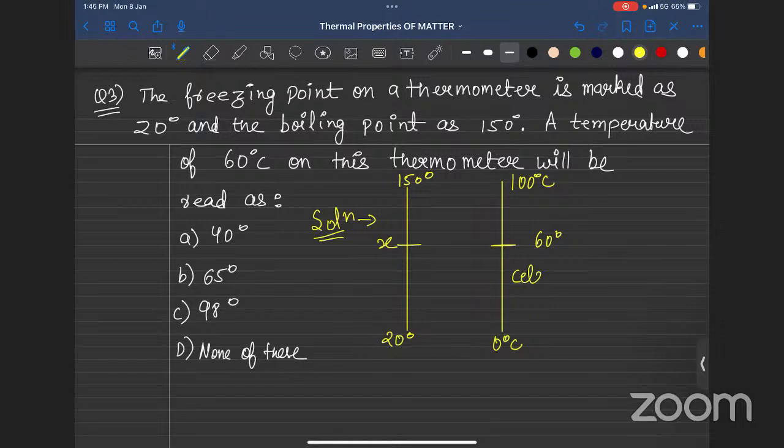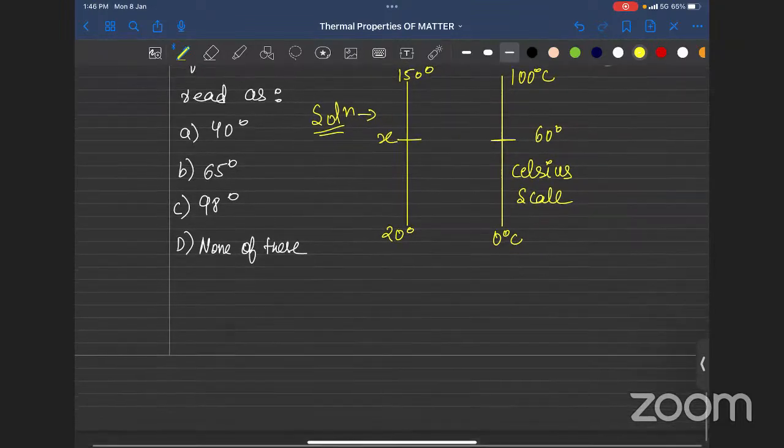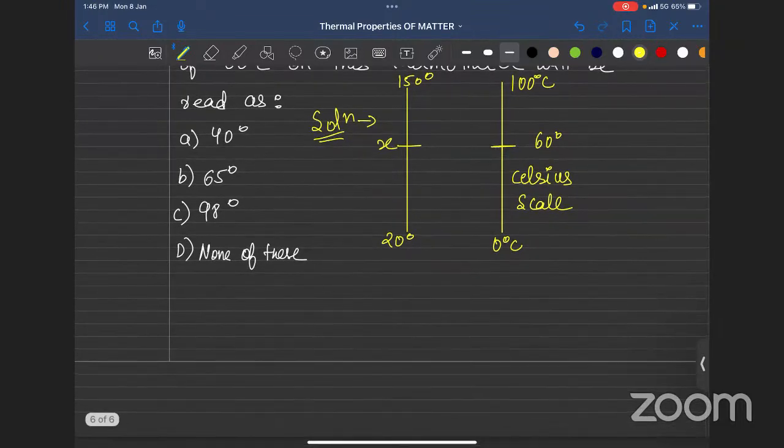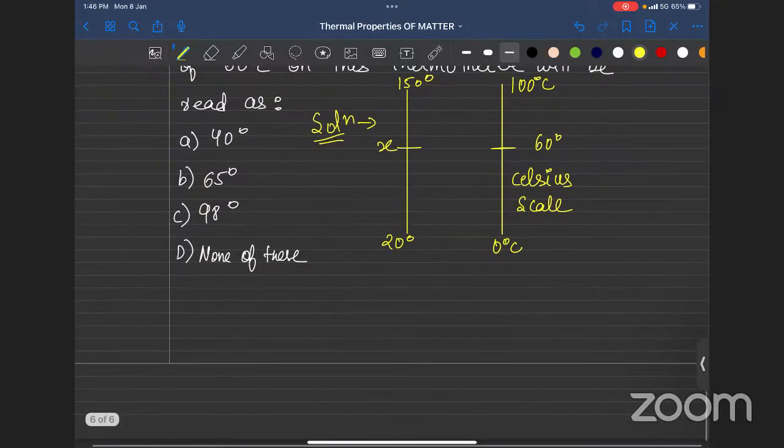So this I'll call the Celsius scale. And now we'll apply the same approach which we applied to some other scales. Before applying that, let me check the divisions here. It's too important, isn't it?